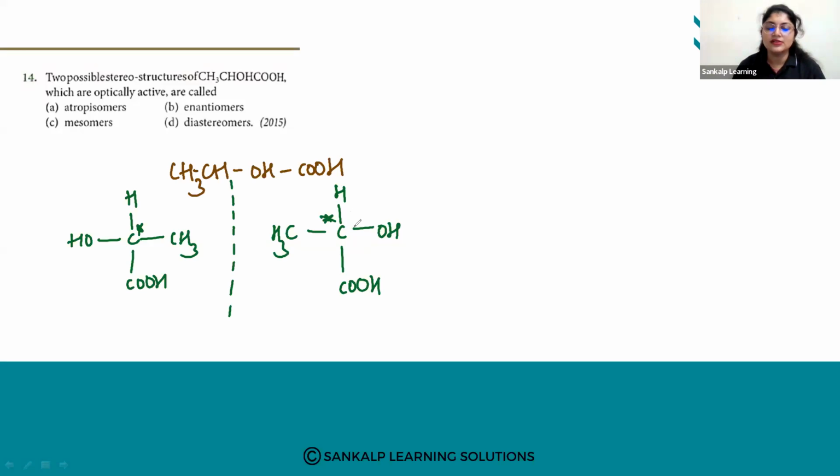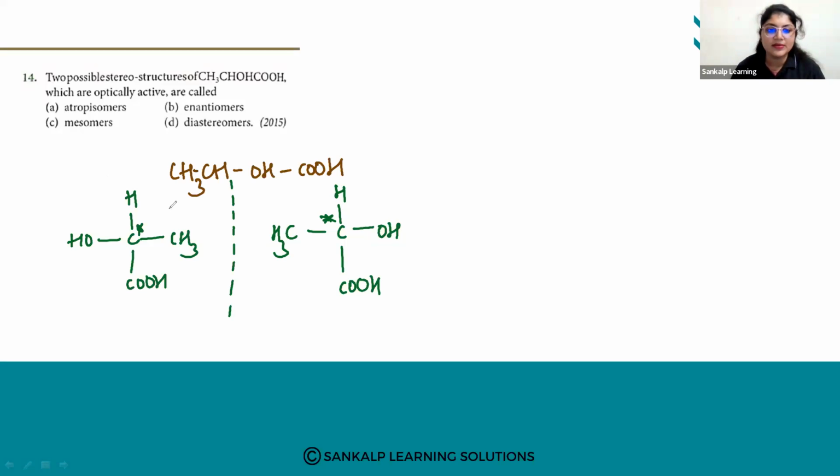So these are the two possible structures. These two stereoisomers are mirror images of each other. And if you place one on the other, are they superimposable on each other? What are these called then?